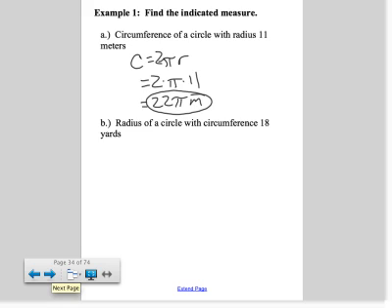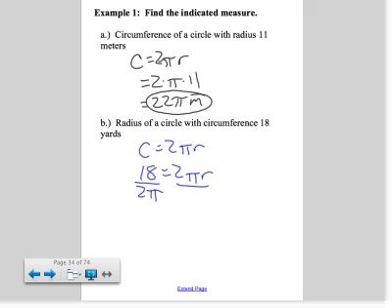Part B says we want to find the radius of a circle whose circumference is 18 yards. So C equals 2 pi r. We know what C is. We know C is 18. So 18 equals 2 pi r. We've got to get r by itself, so we divide both sides by 2 pi. And so the radius is roughly, let me grab a calculator here.